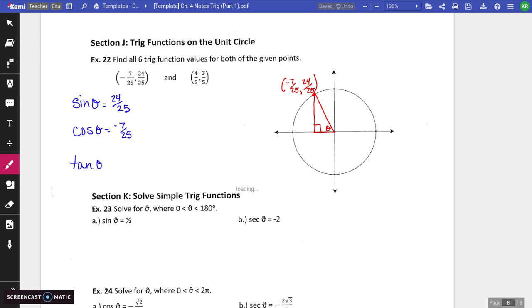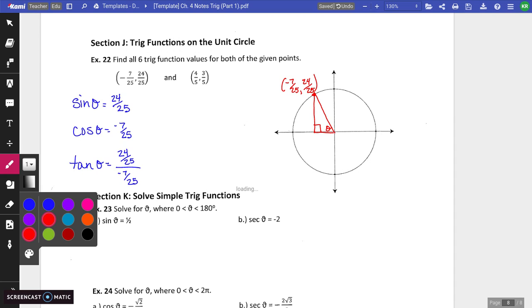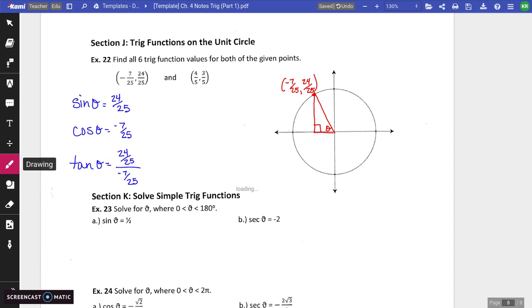Tangent is your y value, 24/25, divided by your x value, negative 7/25. All right, we've got complex fractions here, but their denominators match, so you can cancel out those denominators. And then tangent becomes 24 over negative 7.